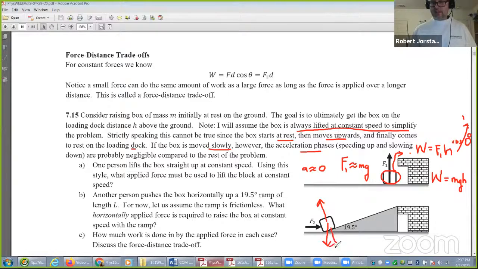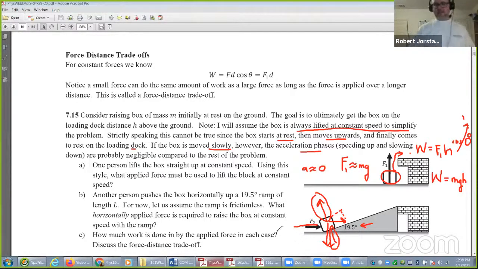Okay. So now, what about this case where it's at an angle? We could split this thing into components. We could do an FBD and do all the work on this one. Now, I hope you agree it's going to take less effort to push the box at constant speed. This normal force is canceling out a lot of this force. And then obviously there's a small increase from this component. But the idea here is if you use a very small angle here, we expect it should be a little bit easier to push this box up the ramp, even though we're not pushing it at the right angle.